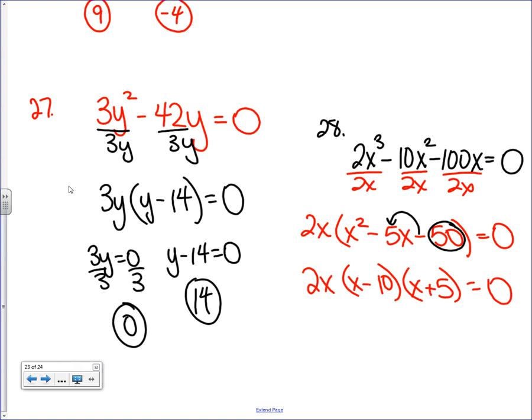Now, does this get me an answer? It does, because it has a variable with it. How do I solve it? And what do you get? 0. How about this one? -5 here and a +10 there. So there are those 3 answers that Tyler told me I should get.